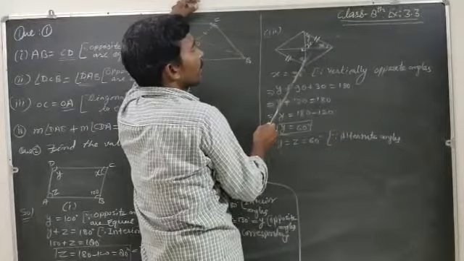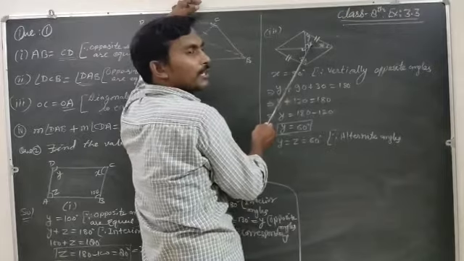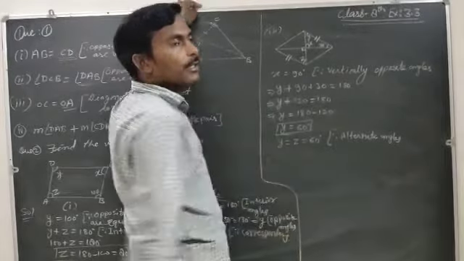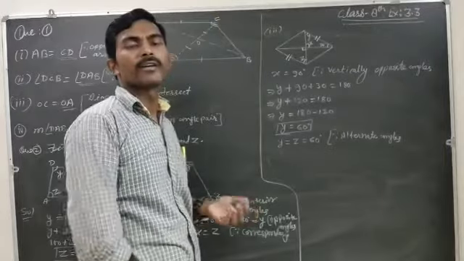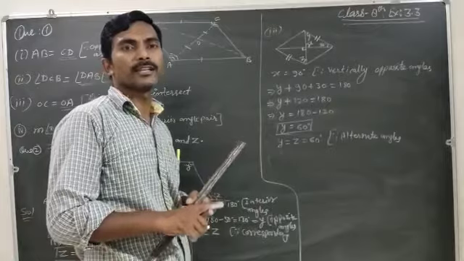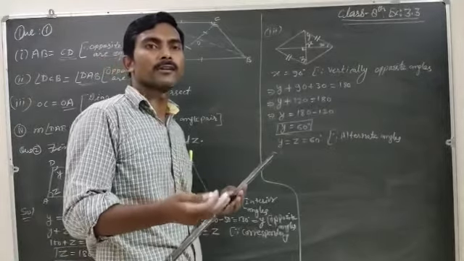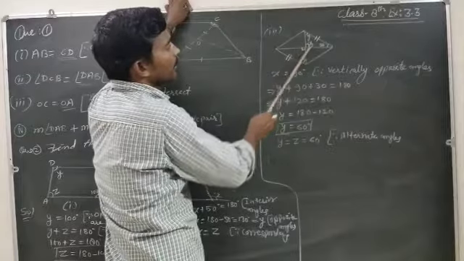In this triangle, this angle is 90 degrees, so this angle is also 90 degrees because of vertically opposite angles, we have learned in previous classes. If two lines intersect each other, then the opposite angles are called vertically opposite angles. So these are vertically opposite angles.